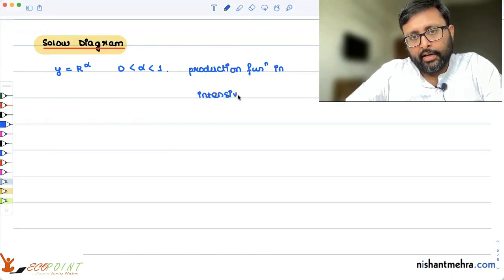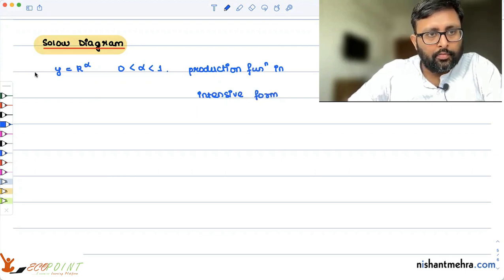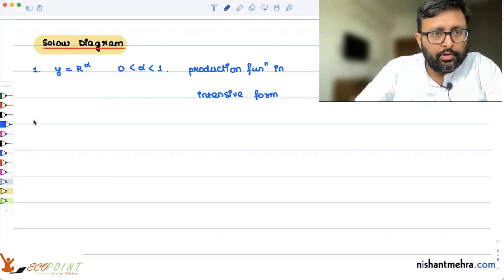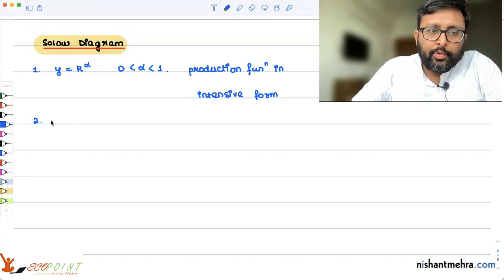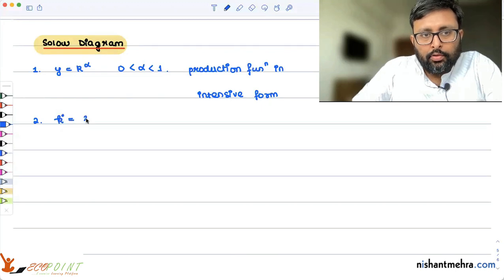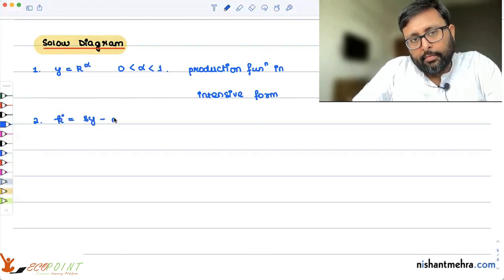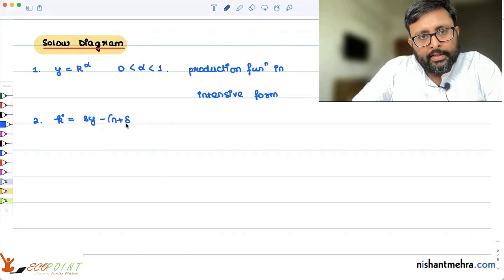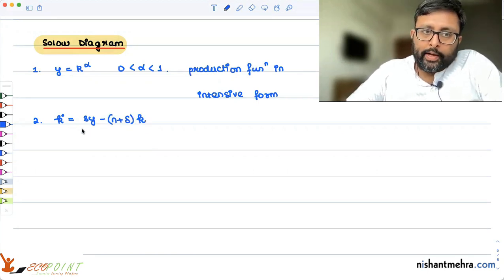This is the first equation. And you have another equation, which is k dot equals s small y minus (n plus delta) small k.